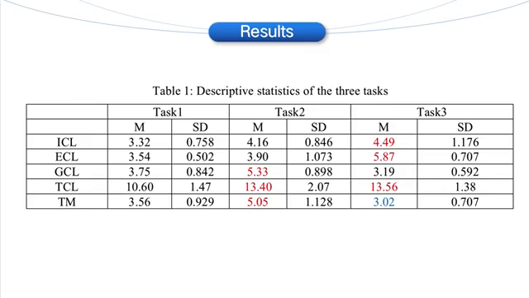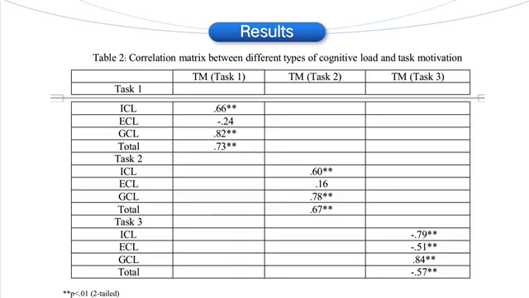All data were normally distributed since the absolute values of skewness and kurtosis were less than 3 and 10 respectively. A Pearson product moment correlation test was conducted to explore the relationship between the cognitive load and the task motivation. As demonstrated in Table 2, the total cognitive load, intrinsic cognitive load, and germane cognitive load significantly correlated with the task motivations.